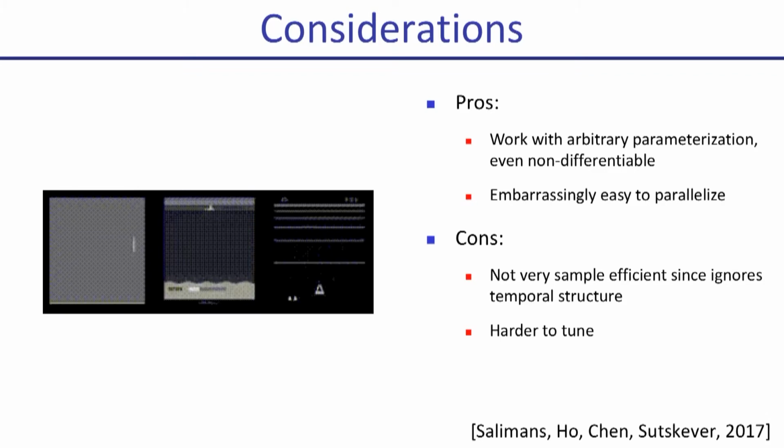Then the second thing about evolution strategies is it's embarrassingly easy to parallelize. We'll talk more about that later. And then the cons of evolution strategies is it's not very sample efficient. It's roughly 10 times worse than action space policy gradient.